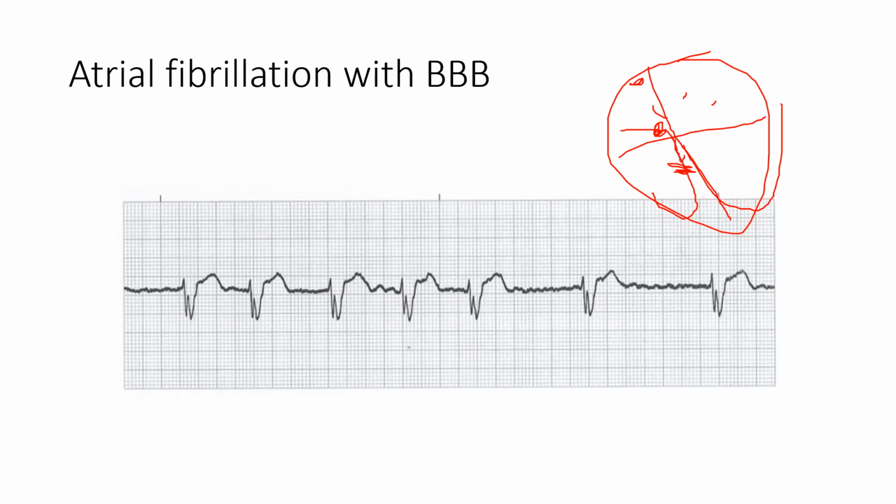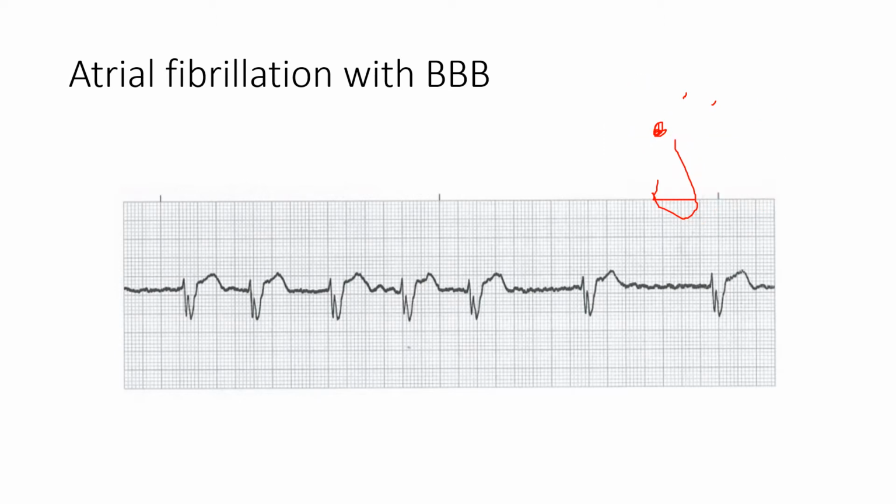It goes down and gets blocked and can't go down the right, so it goes down the left bundle, and then goes cell to cell to cell to get to the myocardium of the right ventricle. Therefore it takes longer, and that's why you have a wide QRS: it's taking so long for the depolarization of the ventricles, because you don't have the fast bundle to go down, because it's blocked.